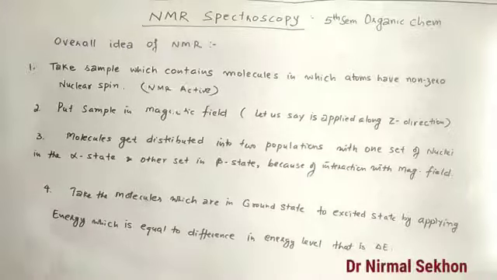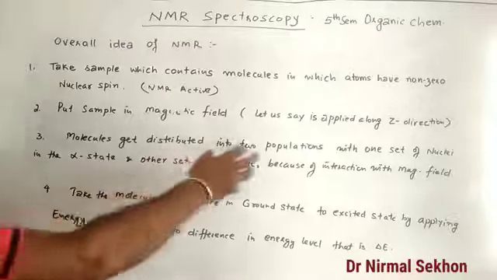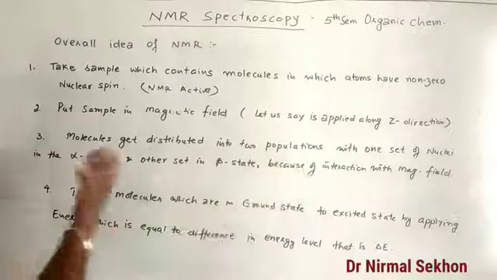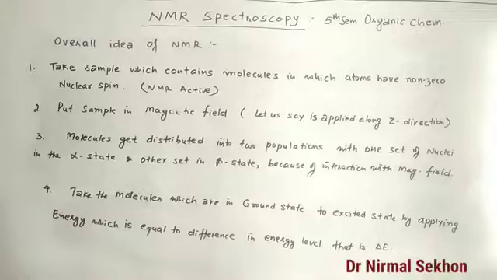Third, when you apply the magnetic field to a sample or to a molecule, the nuclei get distributed into two populations, two groups, alpha and beta. One set of nuclei is in the alpha state, the other set in the beta state, because of the interaction with the magnetic field.